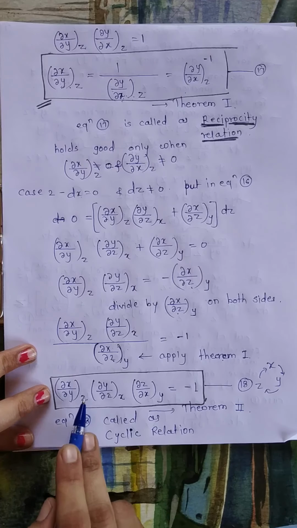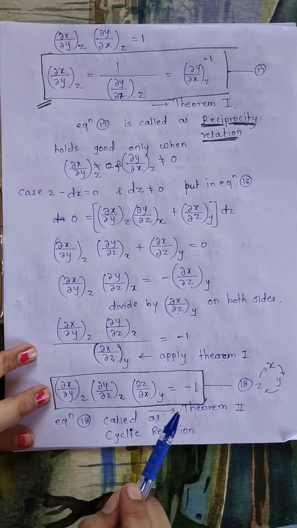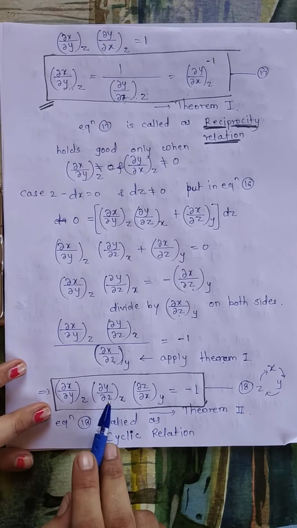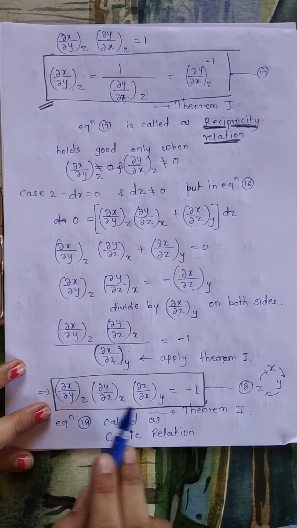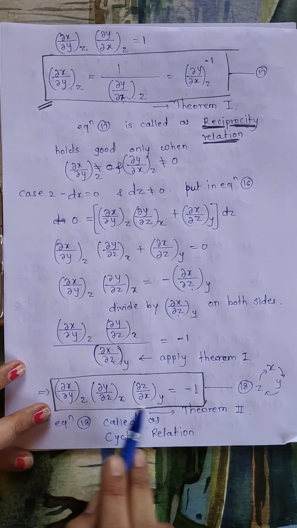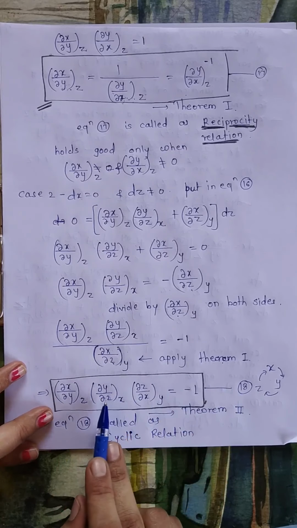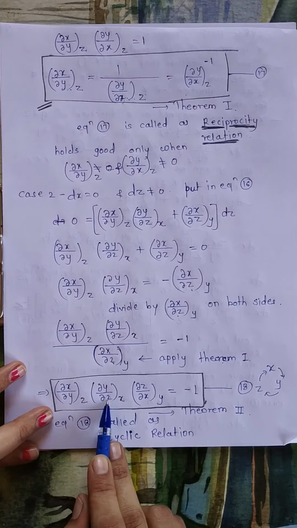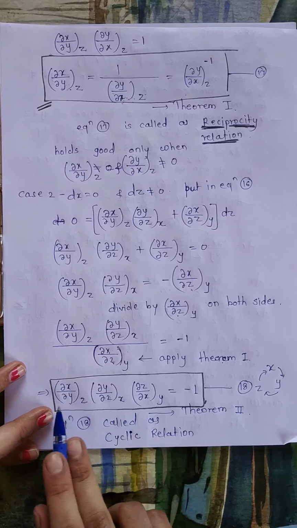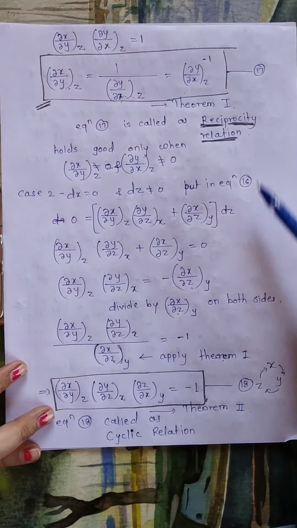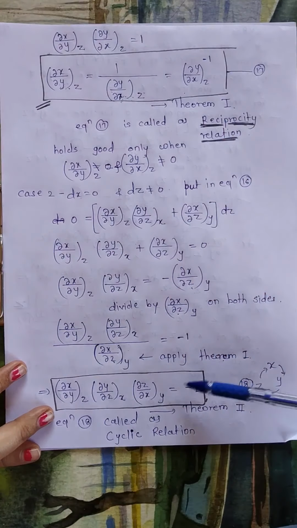That's why this relation is known as cyclic relation. In the book they have made a little arrangement, writing this term first, after that this term, and then this term. So let me write these two relations on a new page and explain it.